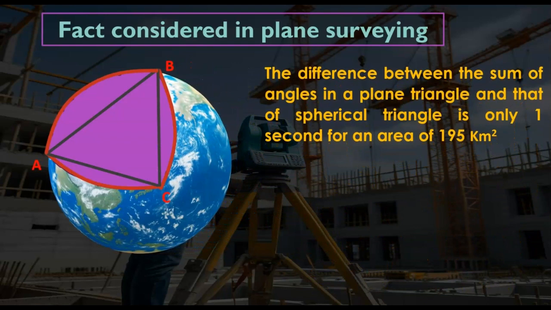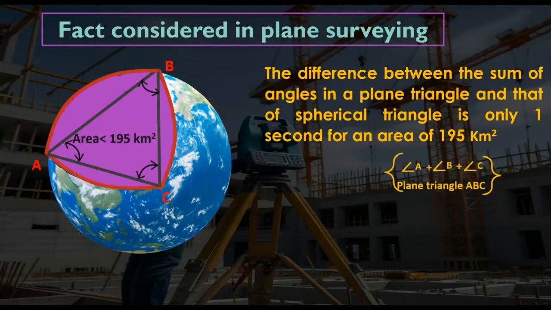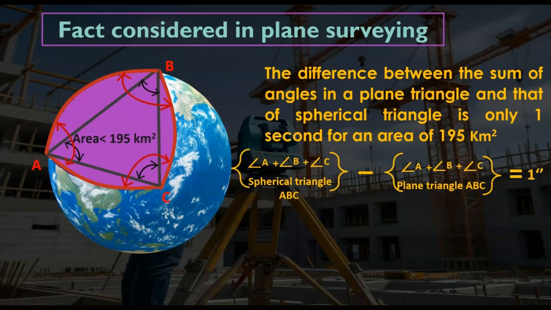That means if the area of the surface is less than 195 square kilometers, as shown in the figure, if we take the sum of the angles of the plane triangle ABC, that is angle A plus angle B plus angle C, and subtract it from the sum of the angles of the spherical triangle ABC, which is shown in red color, the result will be 1 second.